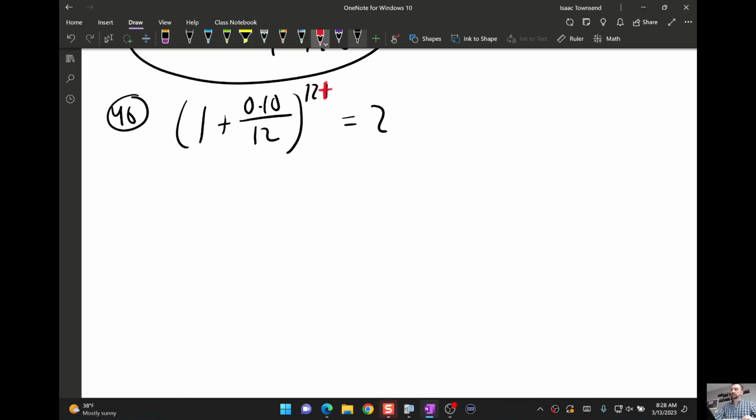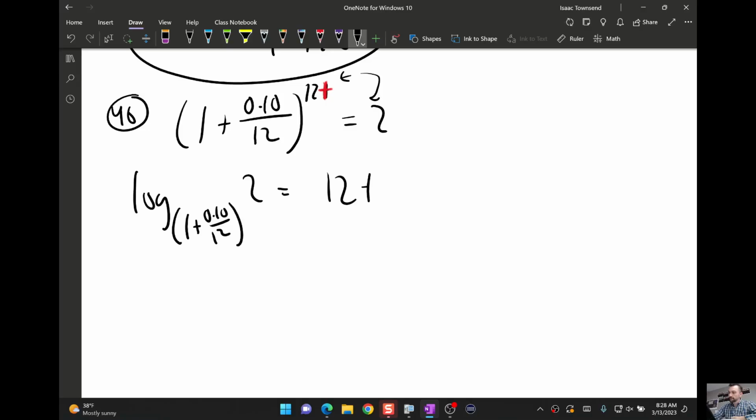Now, even though this is a big mess, it's actually still one of the steps on our notes here. This is exponential form, and logarithmic form would have me switch these two, and then all of this would become the base. And then undo times 12 with divide 12.